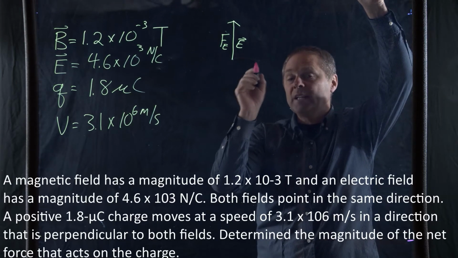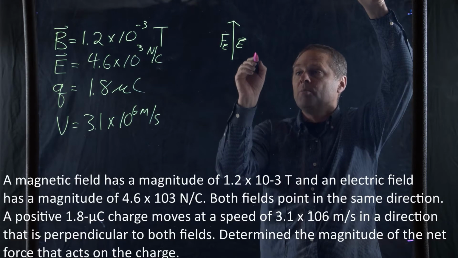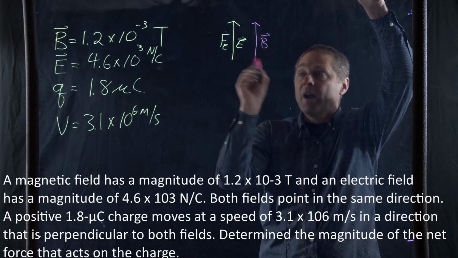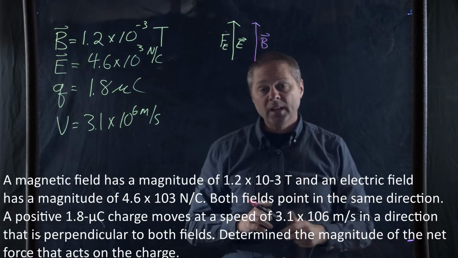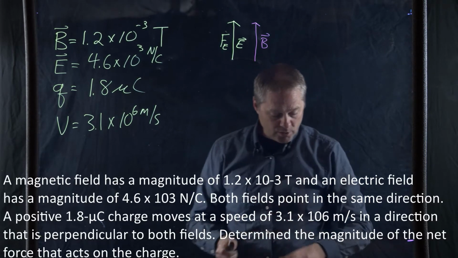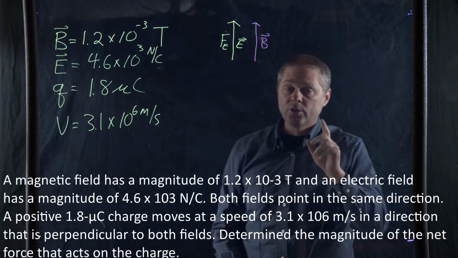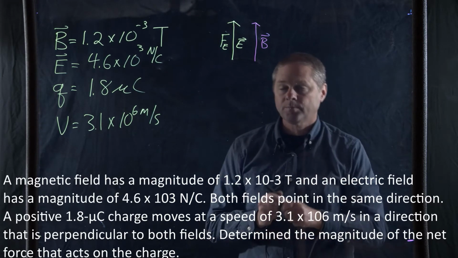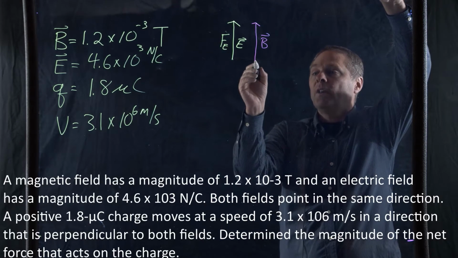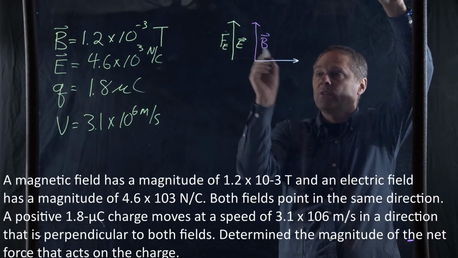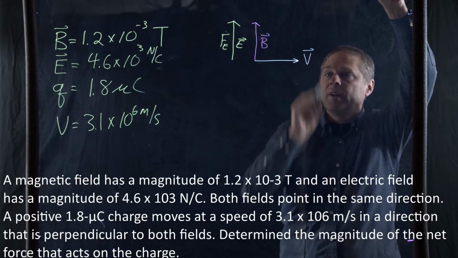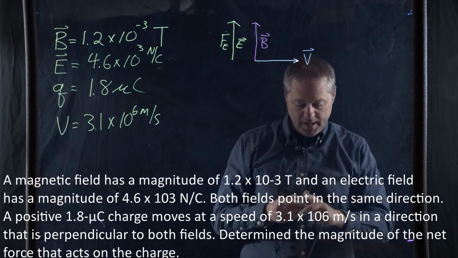The magnetic field is going to point parallel to the electric field. We'll get to the direction of the force due to the magnetic field in a few minutes. The velocity vector is perpendicular to both the electric field and the magnetic field, and that's how we're going to represent that.